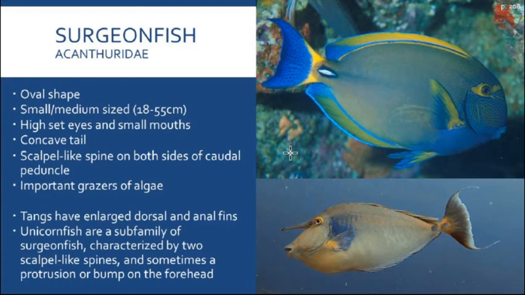It usually sits flush against the fish's body, and when the fish is threatened, he flicks his tail out and pushes the spine out to defend himself. Now the thing with unicorn fish is they actually have two of these spines, and those spines do not retract. So those spines are always out, always extended, ready to go. So those are things that you can look for.